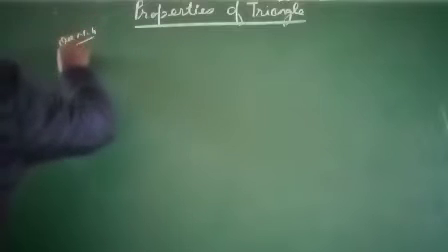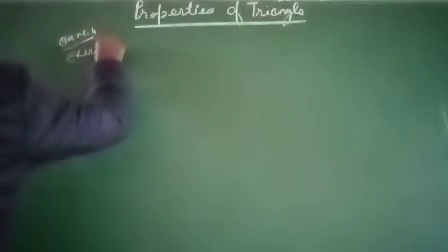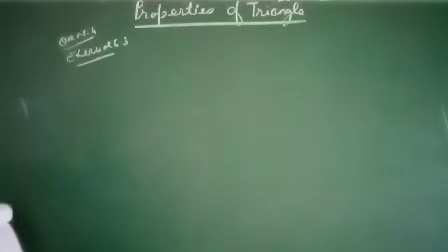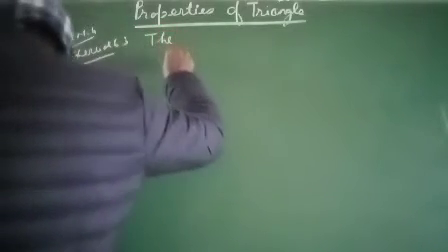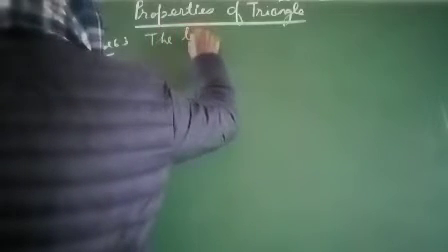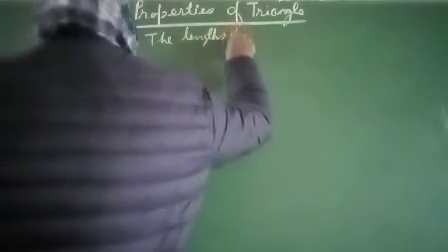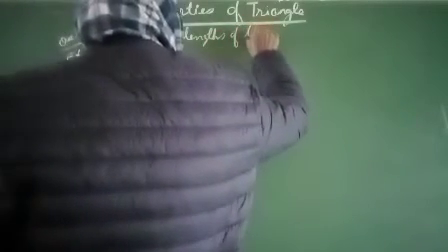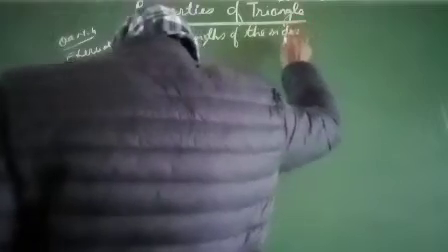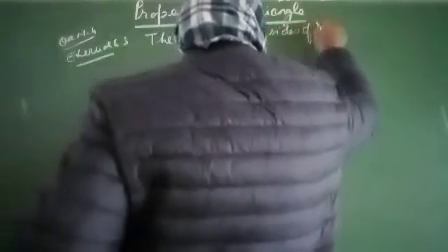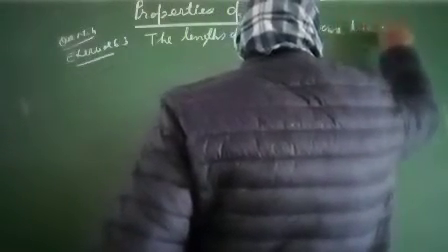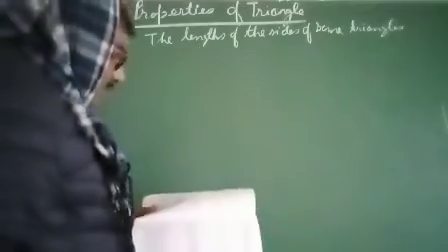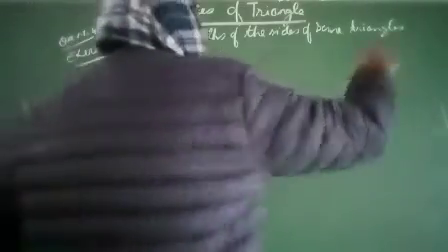Question number 4 of exercise 6.3. The question is: the lengths of the sides of some triangles are given below.